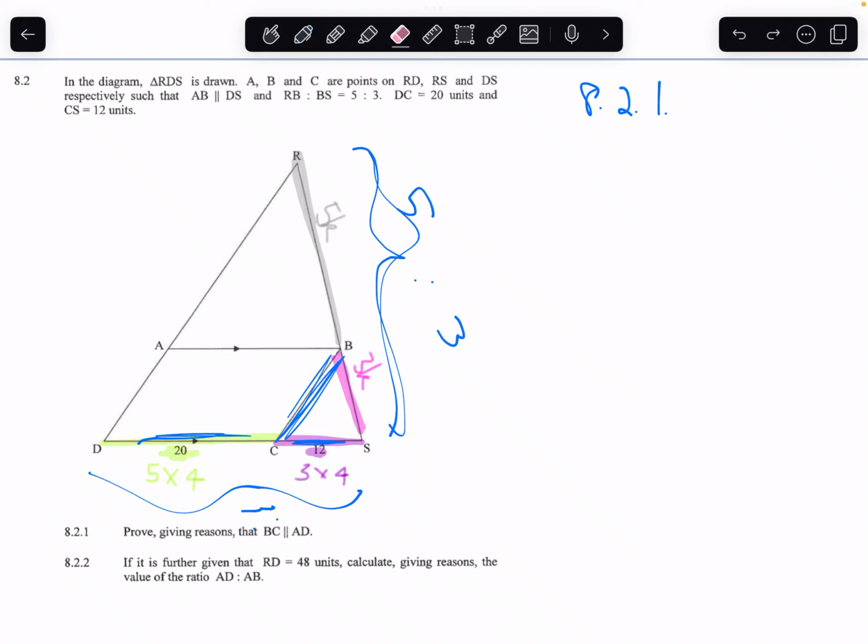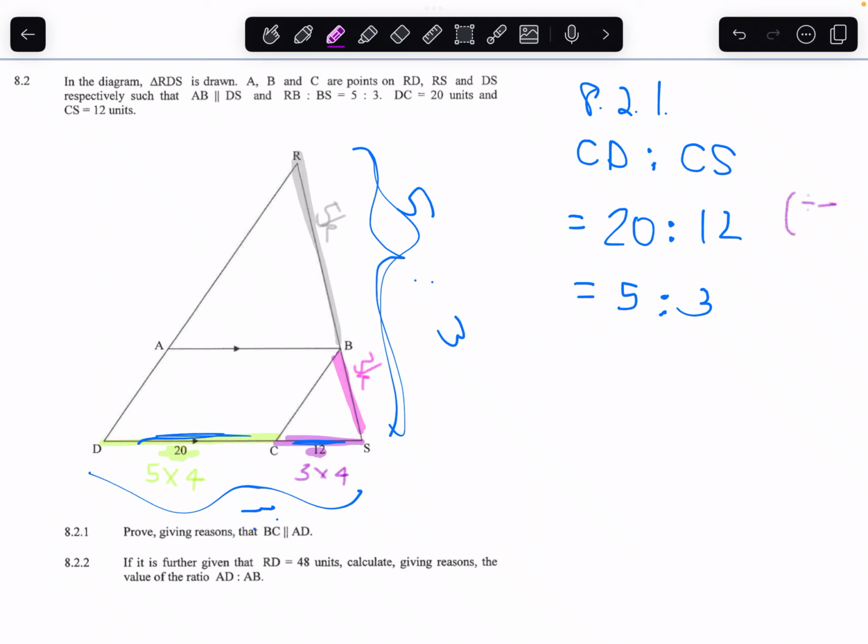So let's write that down in mathematics. We know that the ratio of CD to CS is 20 to 12, which is 5 to 3, if we just divide both sides by 4, which is equal to the ratio between RB and BS.